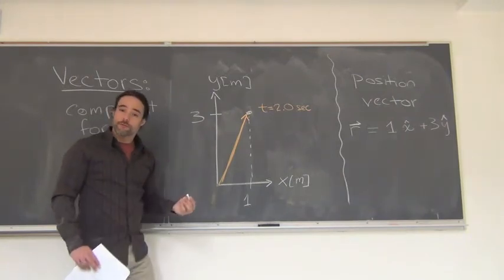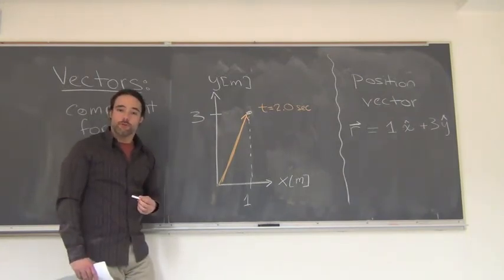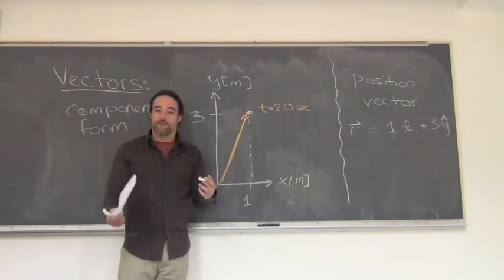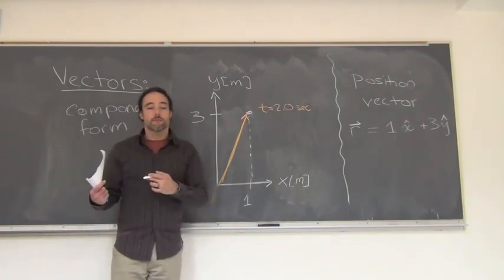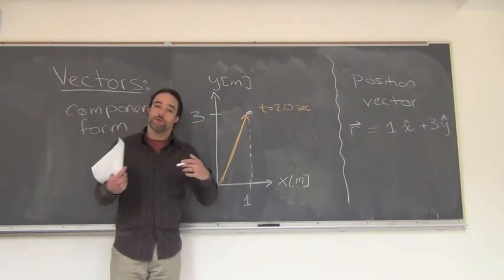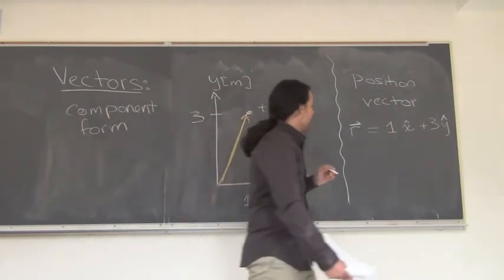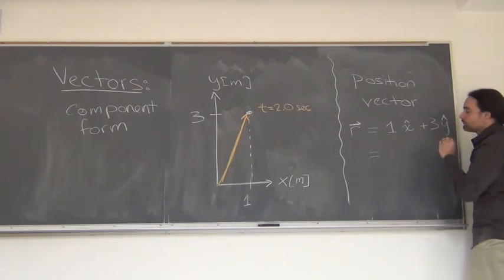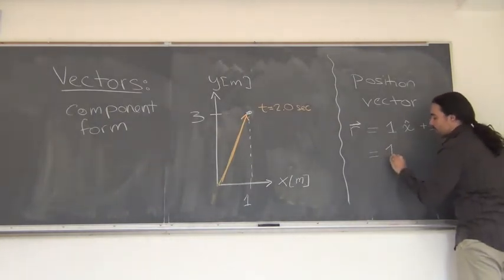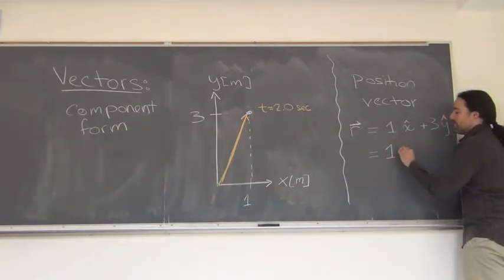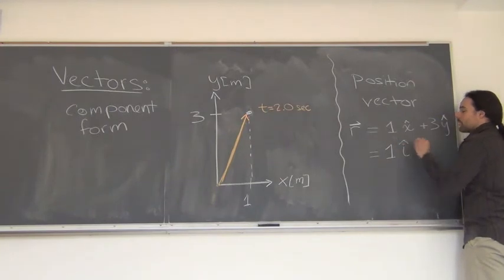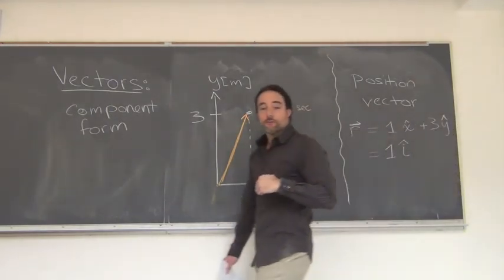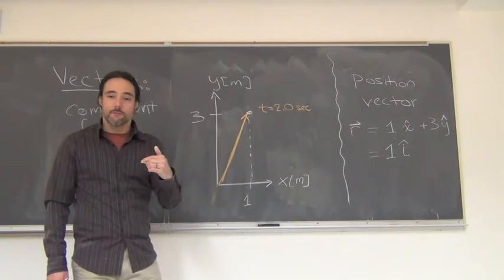There are other ways of writing this, depending on which book you use. If you go into different fields, some branches of physics are going to use slightly different notations. So just to warn you what some of these notations are, sometimes you'll write it this way: 1 in the i hat direction. So it's the lowercase letter i.